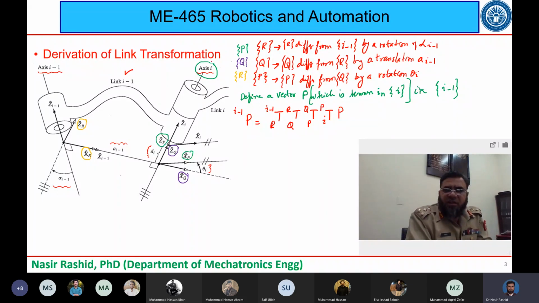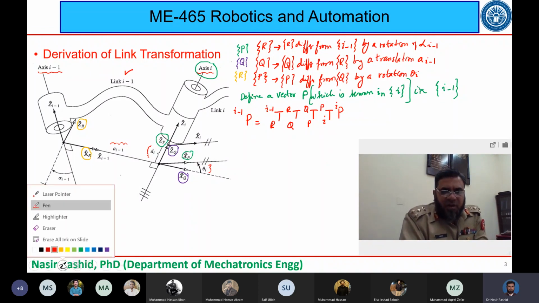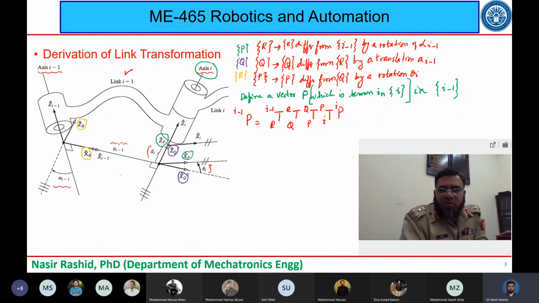And this is actually the vector P given in I like this. So now I may say that since we have already known this, this can cancel out like this.